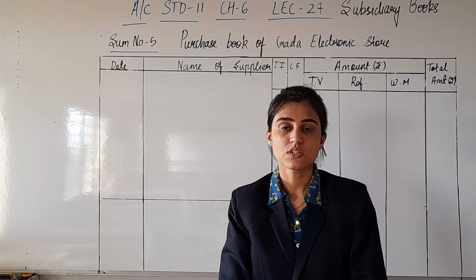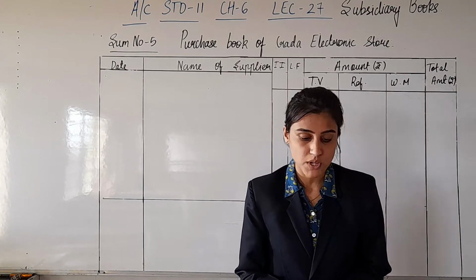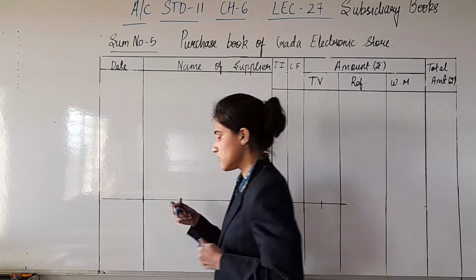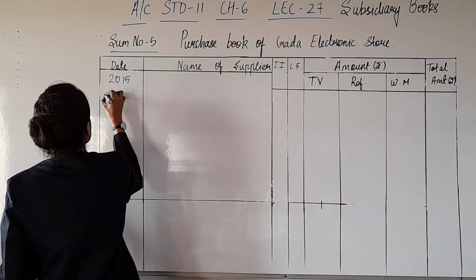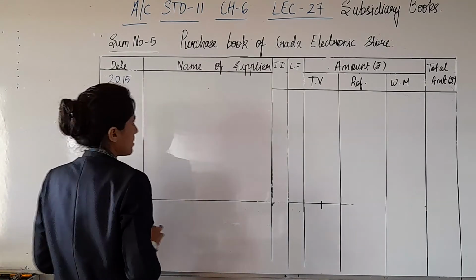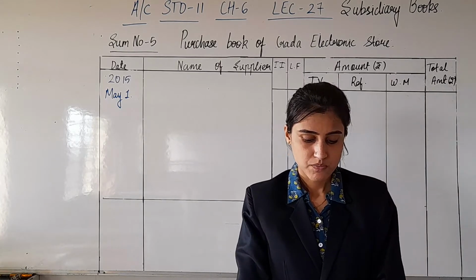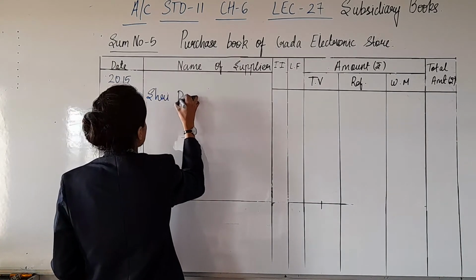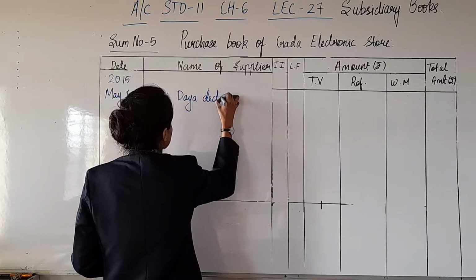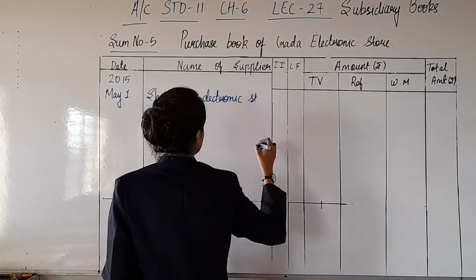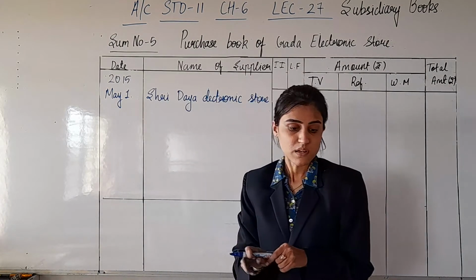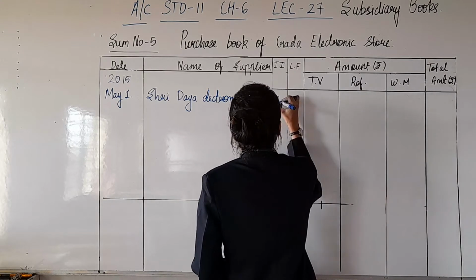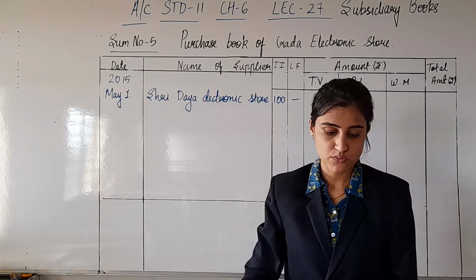Firstly, let me check if the transaction is a credit transaction, and it is a credit transaction because it says the credit period 1 month, invoice number 100. 2015, May, goods have been purchased from Gada Electronics stores. Bill number 100. Nothing about LF.